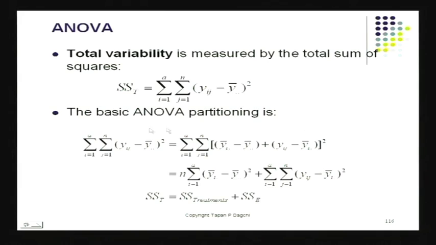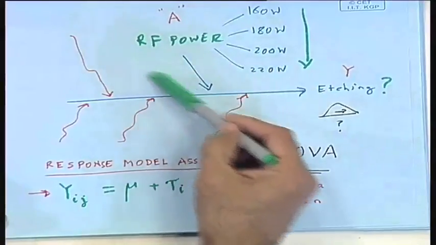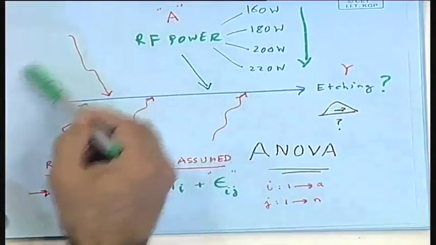This result, by the way, was found by Sir Ronald Fisher in the 1940s. He worked out this algebra for the first time, and that was a very important contribution because it let us separate out the effect of the experimental factor from the rest of it.